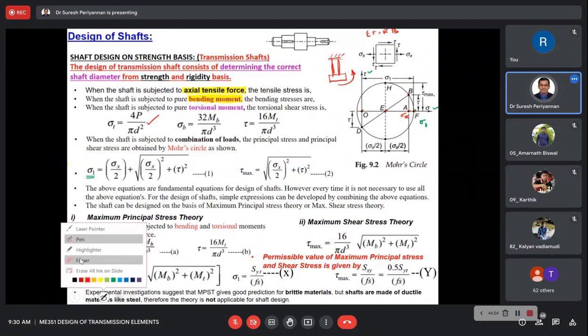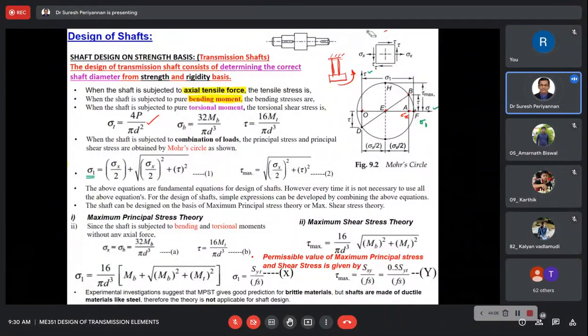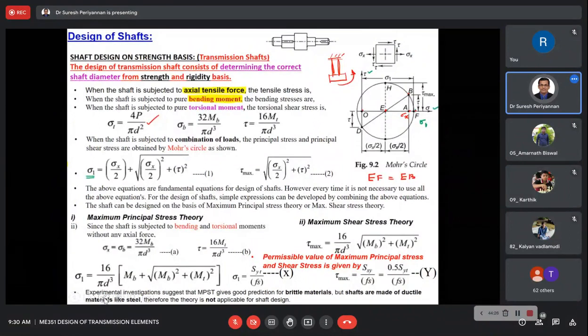I write it clearly because you may not see it here. EB is the hypotenuse side, so apply this; it's a very simple concept.